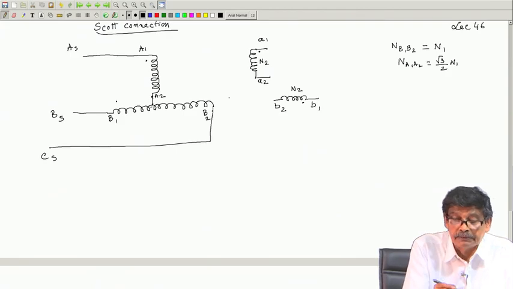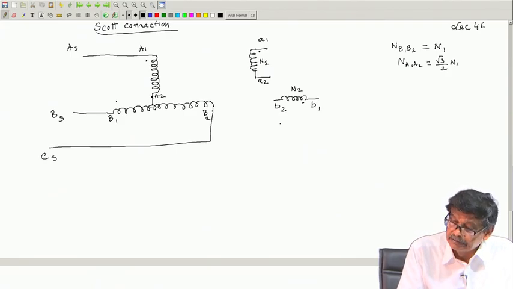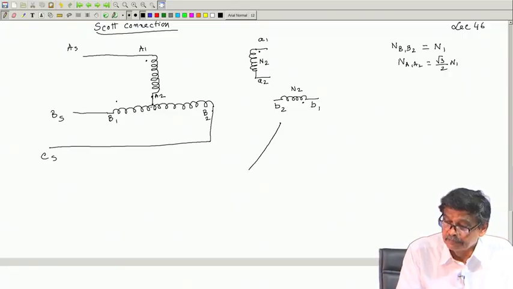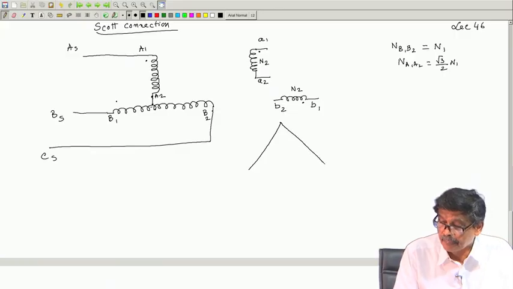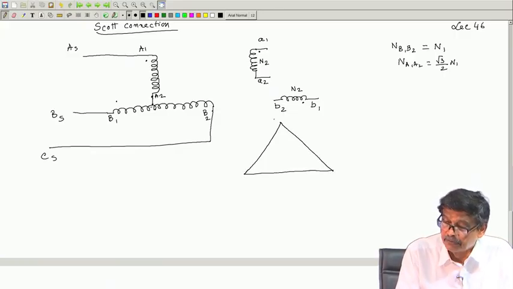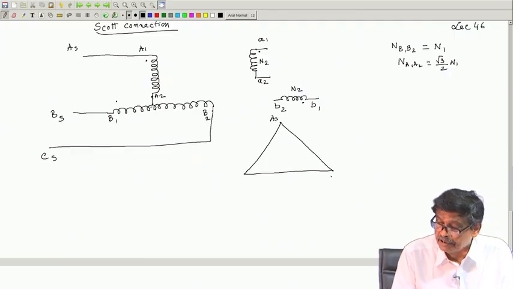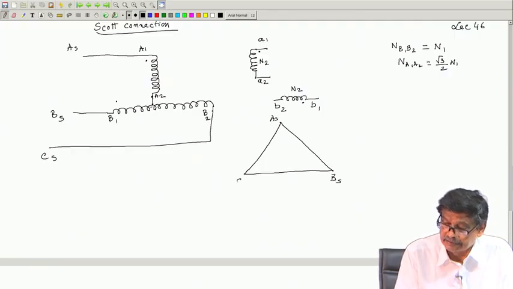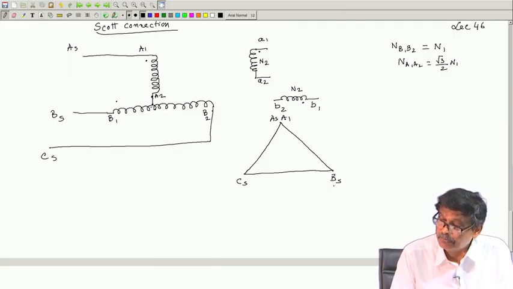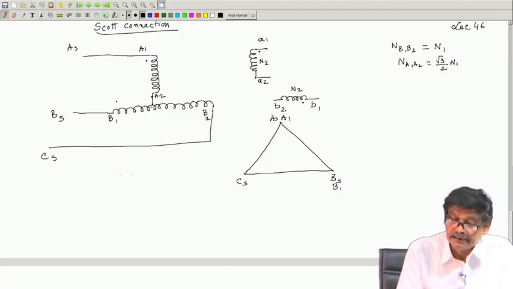So, that once again, and the phasor diagram will be: the supply is balanced 3 phase with phase sequence AS, BS, CS. So, this was my primary voltage AS, BS and CS. AS happens to be also A1 and BS happens to be B1 and CS happens to be your B2.